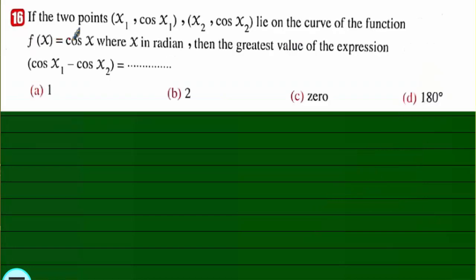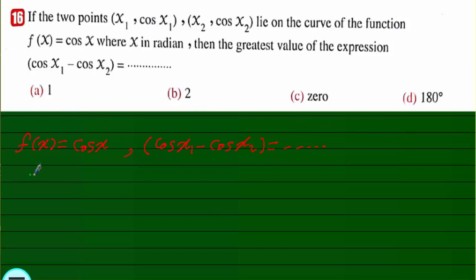Question number 16. If the two points x1, cosine x1 and x2, cosine x2 lie on the curve of the function f of x equals cosine x, where x is in radian measure, then the greatest value of the expression cosine x1 minus cosine x2 equals what?